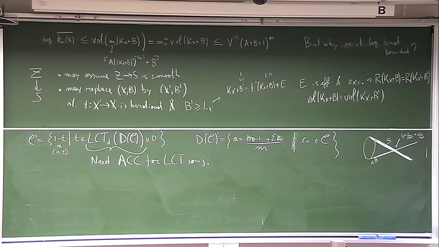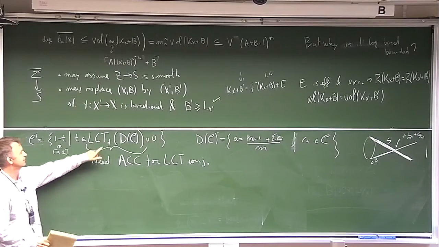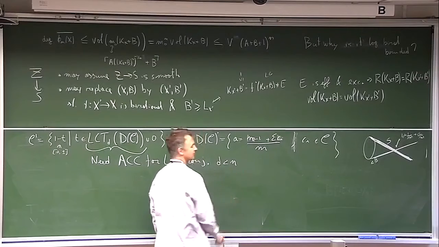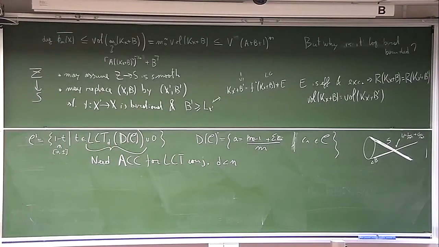Wait. You said you were going to use this, but then... Yes. So it's going to be a proof by induction. Actually, to prove the ACC for LCT, I need this boundedness in dimension 1 less.